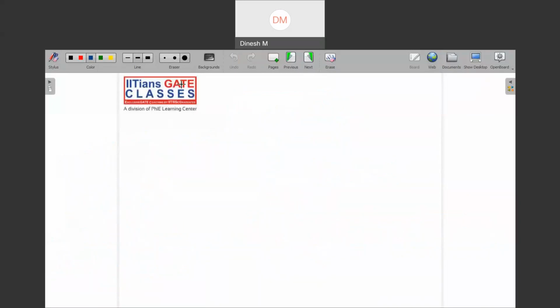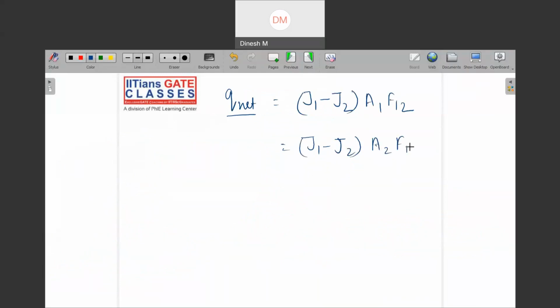Okay, so now what is my Q net? Again, can you see that this was nothing but J1 minus J2 into, if I wish to write, I can write like this one, and if I wish to write, I can write like this one. One thing which must have hit your mind now is why F12 was A2 F21.